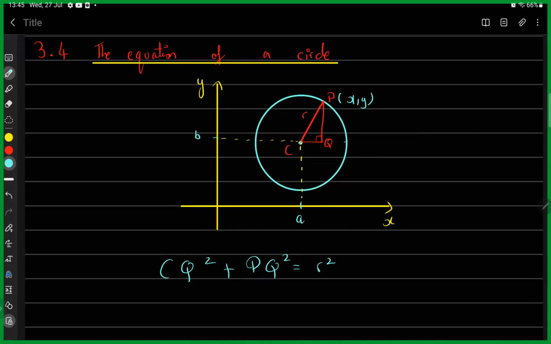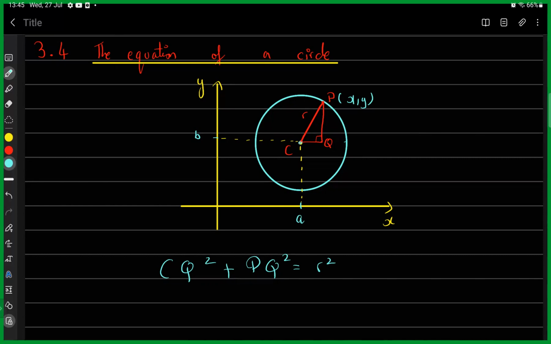Okay. And now if we start plugging in the values of P, Q and CQ, this would help you find out the equation directly.